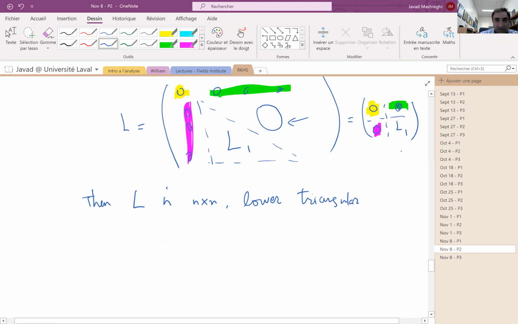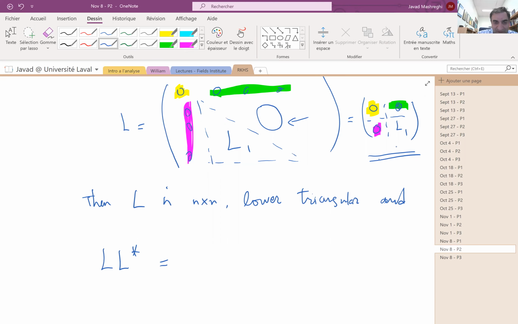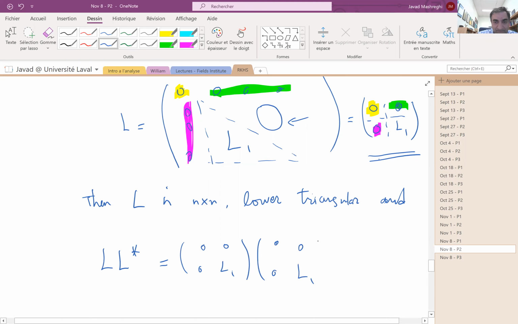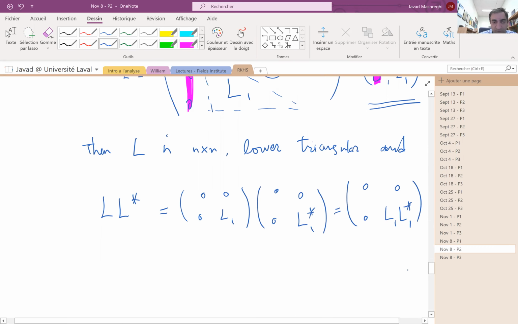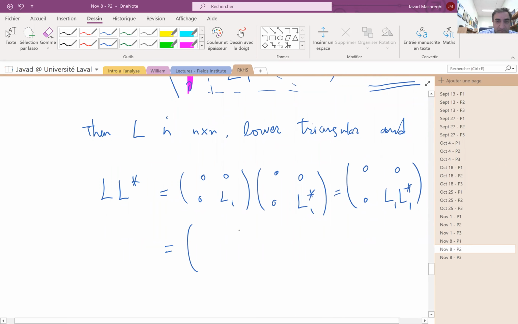And then when you do L times L star, in particular with this form, it's easy to see what L times L star is, because even though, as I said, the zeros are not the same, there is no danger in writing it this way. It will be L1 L1 star. All dimensions work perfectly, and there is no problem with that.